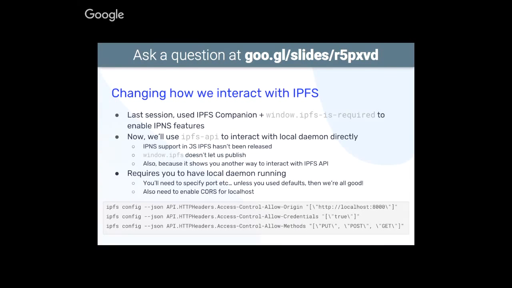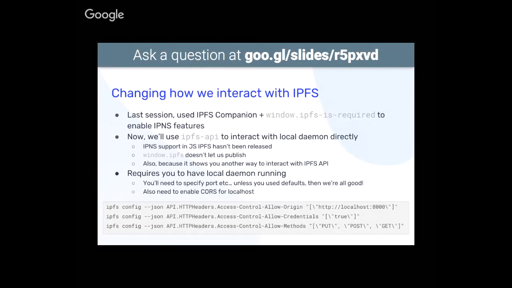But you'll want to enable that for your localhost, and then get some credentials and allow different methods for your HTTP header component of your API config. So that's pretty easy to set up, and I'll add a link at the end of these slides that shows you a link to a blog that talks about some of the config options for IPFS that you can explore on your own as well.